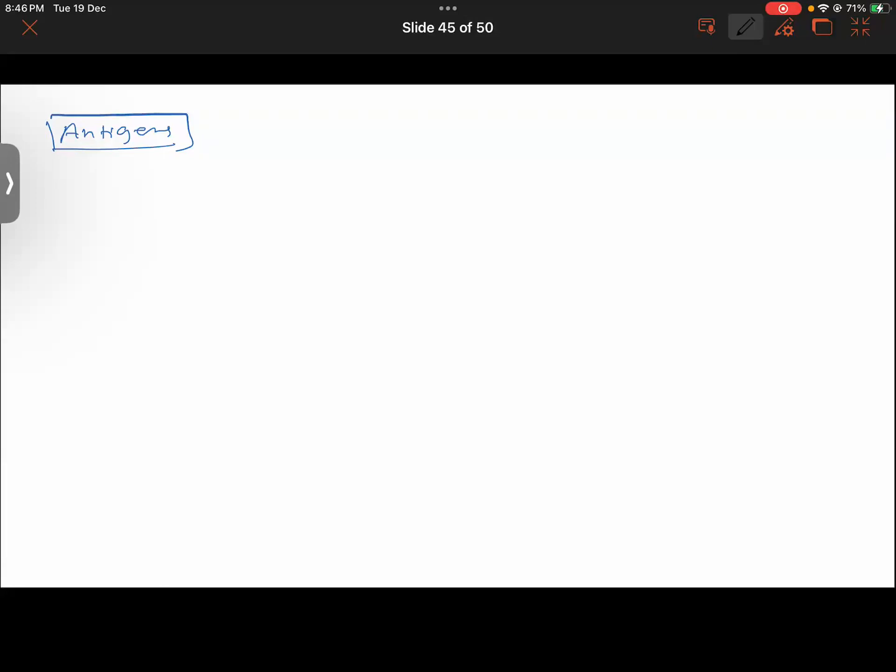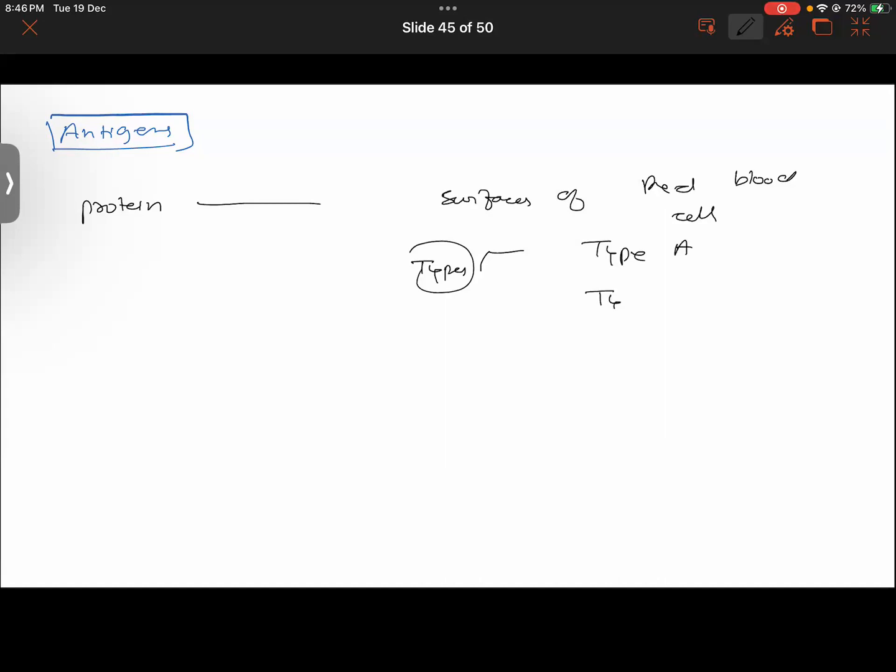But in the case of the human body, antigens are basically proteins. They are found on the surface of red blood cells, and there are mainly three types of antigens present on the blood: type A, type B, and type AB.